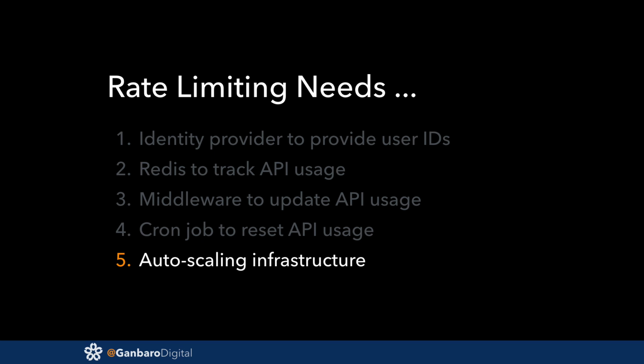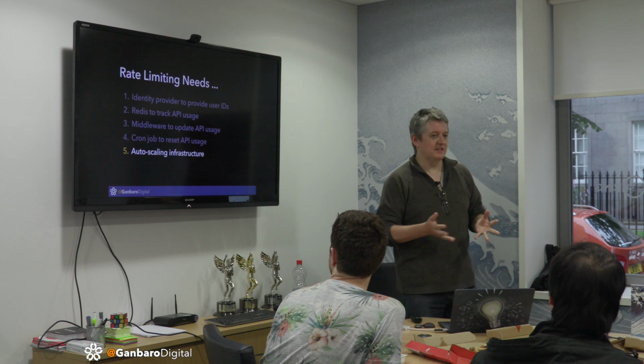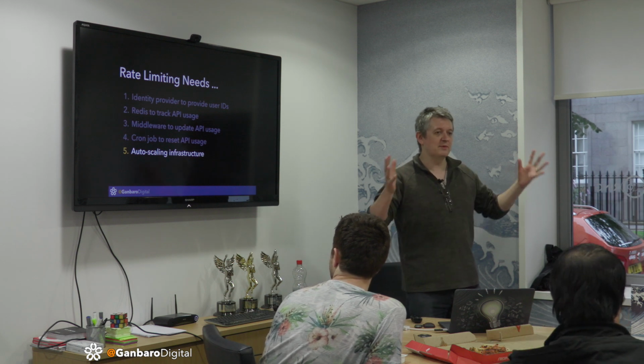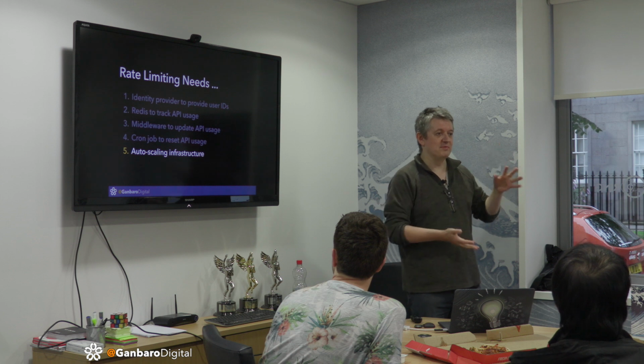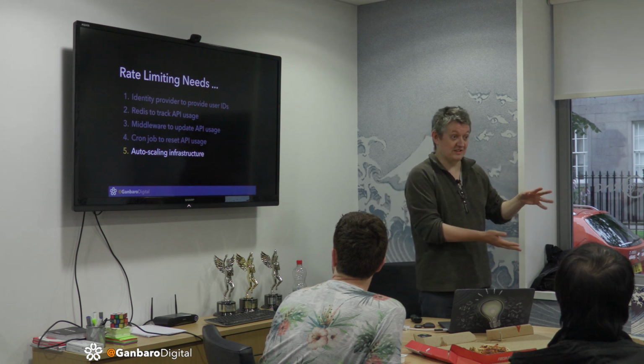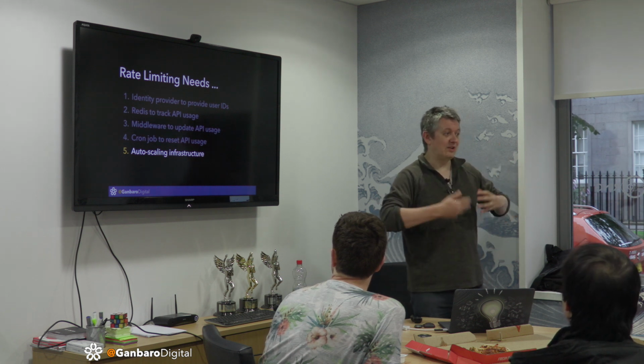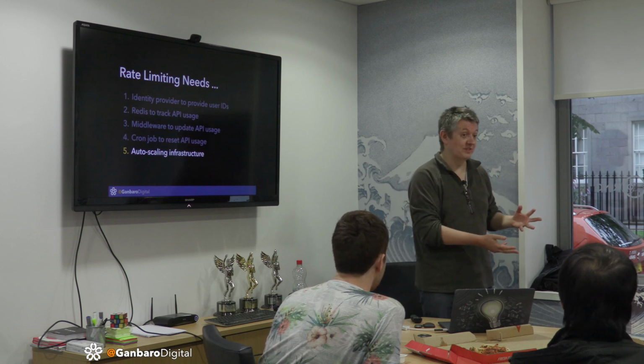Auto-scaling. Do you all know what auto-scaling is? Auto-scaling infrastructure? Anyone doesn't? Right. So in the old days, in order to deal with a surge of traffic, we had to have the right number of physical servers in a rack in a data center somewhere. And they all had to be pre-provisioned and active all the time.